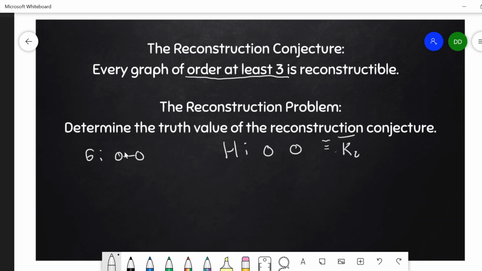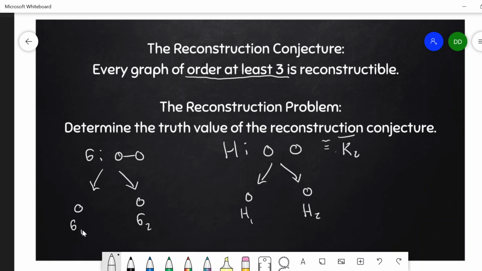Well, G's vertex deleted subgraphs would be an isolated vertex and an isolated vertex. And then H's vertex deleted subgraphs would be an isolated vertex and an isolated vertex, right? This would be G1, G2. This would be H1, H2.